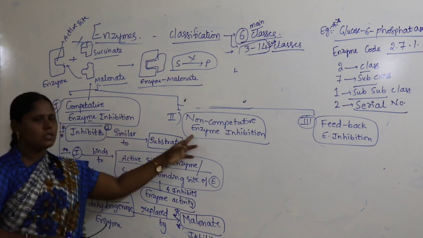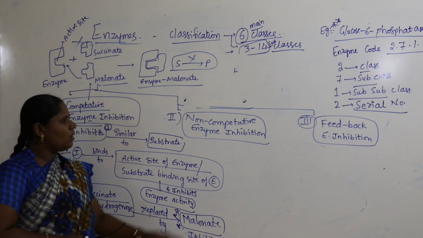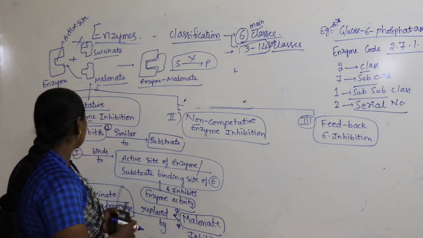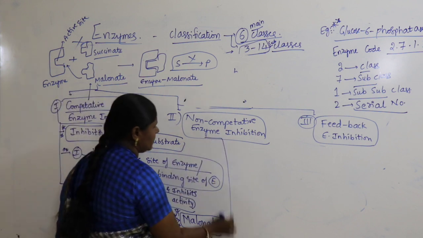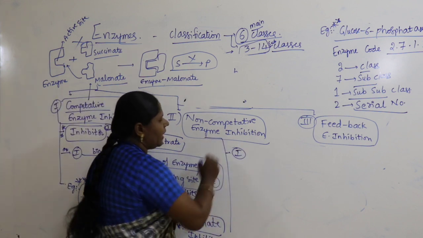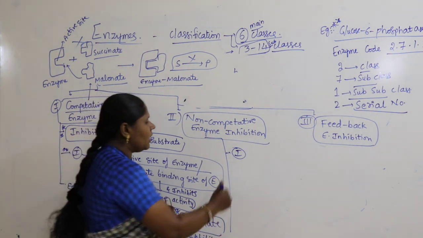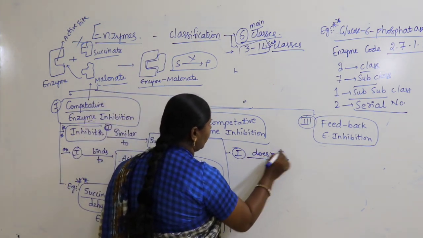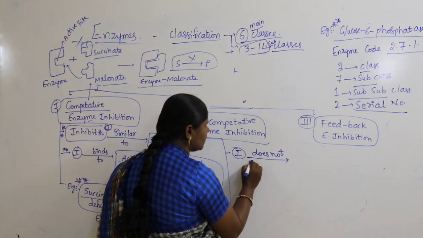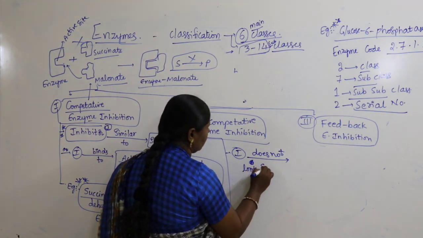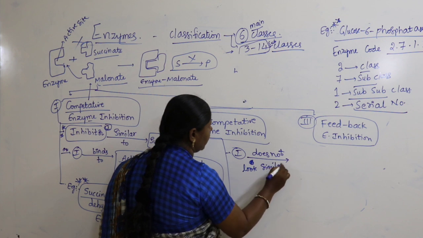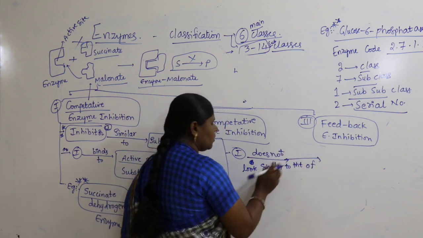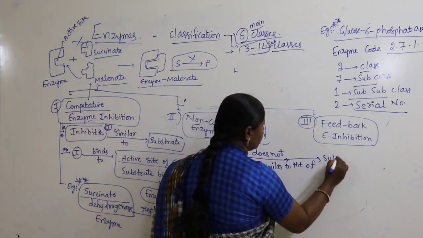Now let's go to the second one. What is the second one? Non-competitive enzyme inhibition. What is non-competitive enzyme inhibition? In this case, I for inhibitor. Inhibitor does not look similar to that of substrate.